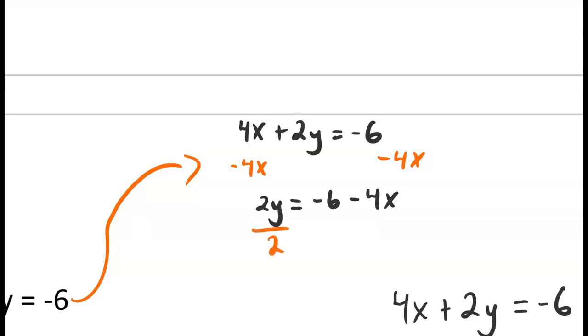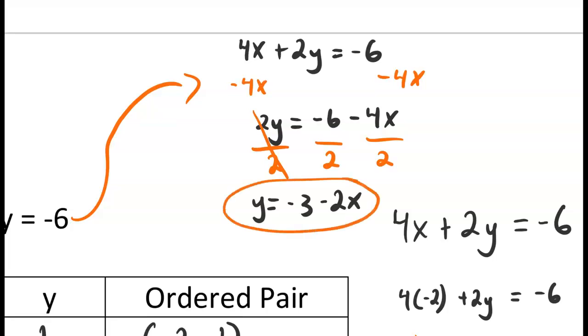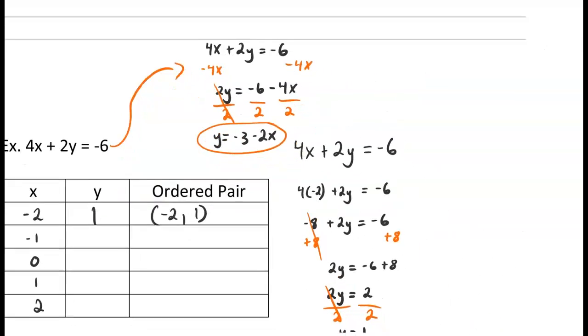So divide by 2, cancels, divide by 2, because everything has to be divided by 2. Y equals negative 3, because negative 6 divided by 2 gives you negative 3. Subtract 2x. So this will be our manipulated equation where we have y isolated.